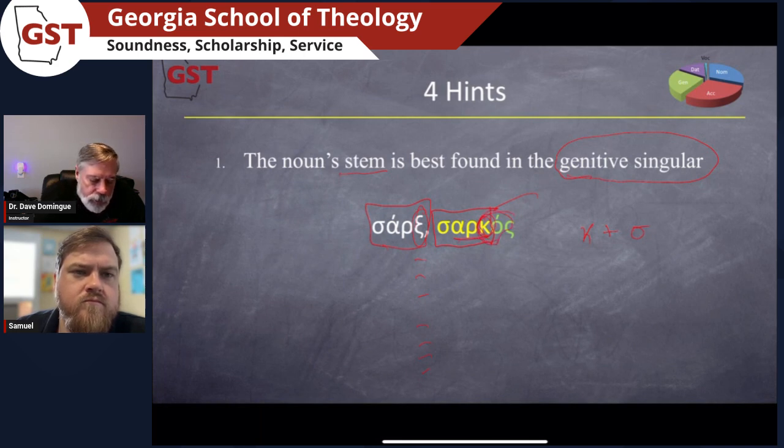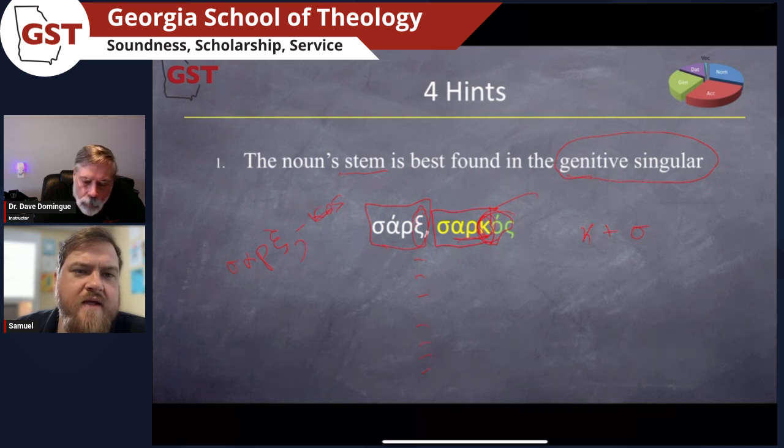So when you look at the lexicon, it'll say sarx, and then it'll have the comma, and then it's going to give the genitive. I can't remember if it writes the whole word out or not, but it might write the whole word out.